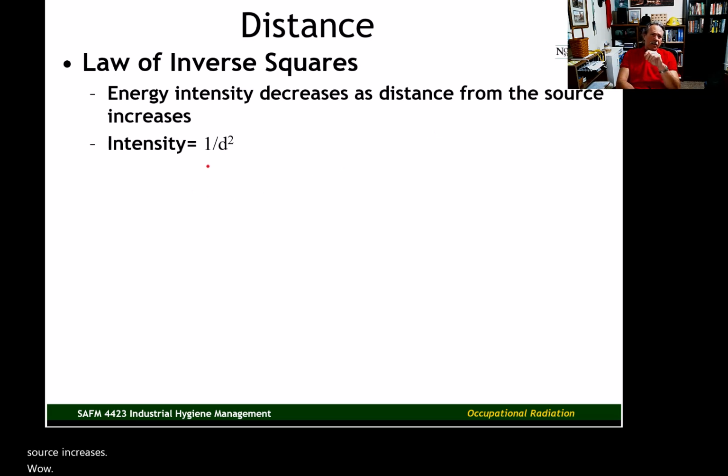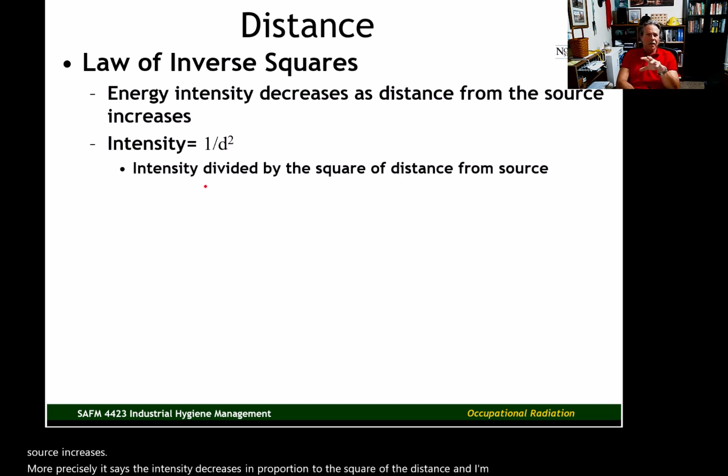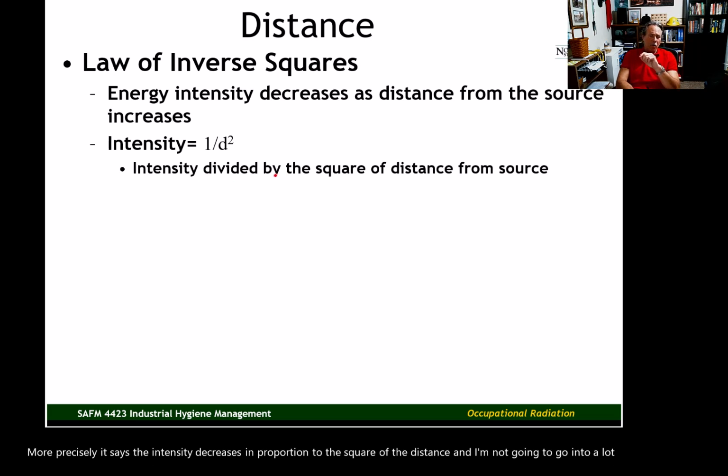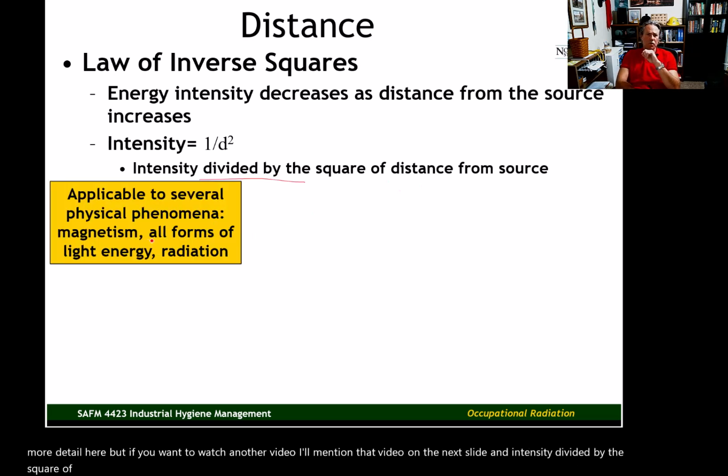More precisely, the intensity decreases in proportion to the square of the distance. I'm not going to go into a lot more detail here, but if you want to watch another video, I'll mention that video on the next slide. Again, intensity divided by the square of the distance from the source, applicable to several physical phenomena, including magnetism, light energy, and radiation.